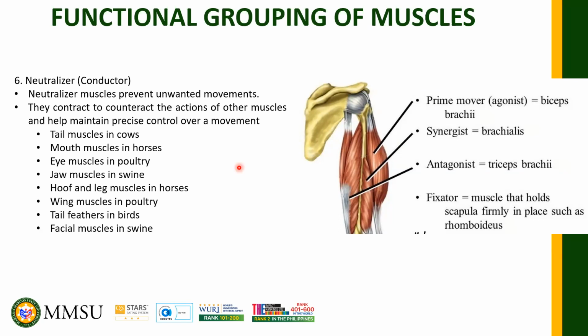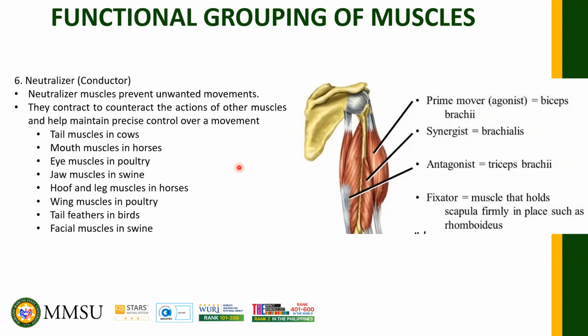Okay, ito naman for the swine, meron kasi silang strong na jaw muscles and usually it is used sa pagka-grind ng food nila. So yung mga neutralizer muscles in their jaw is usually tumutulong na mag-stabilize ng jaw movements and makapag-prevent ng involuntary na jaw movements during feeding.